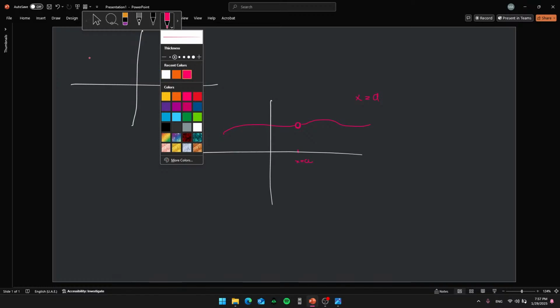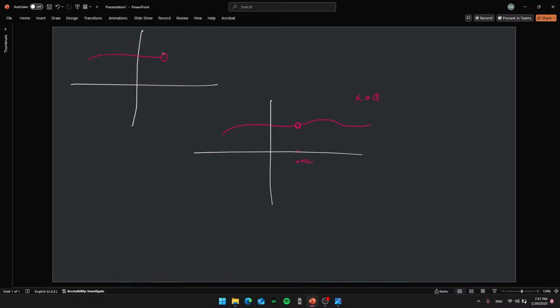If I have a function like this, an open circle, and I have a defined value at this point, called a, so f(a) is defined.